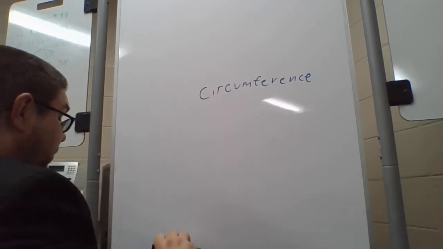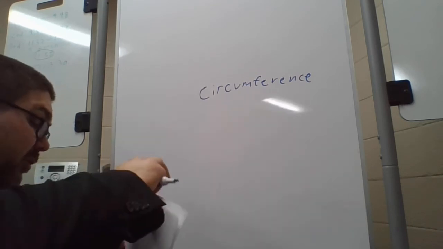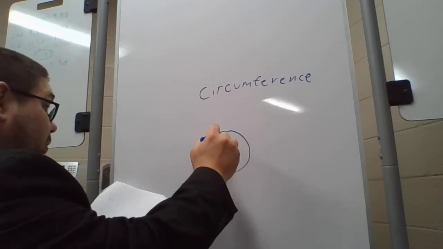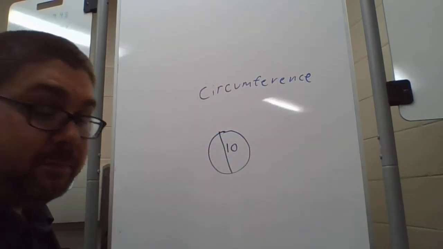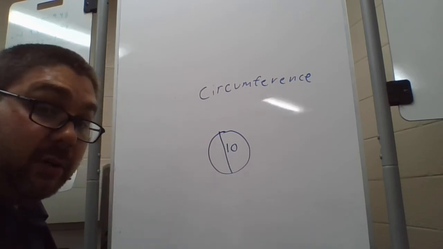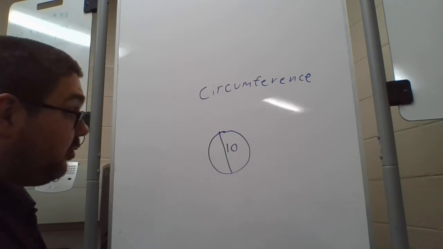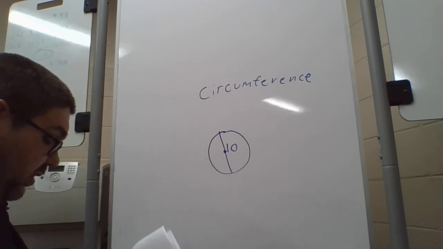Let's look at another problem. That was number 6. But let's say we have this problem. Well, that's a diameter. Notice it goes from one side to the other. Through the middle, by the way. Now I'll tell you if it's through the middle, just so it's clear.